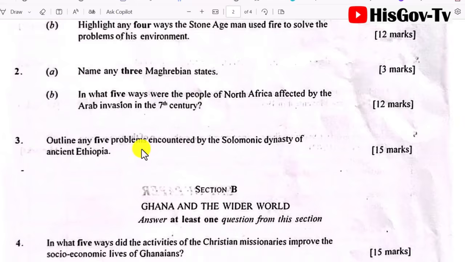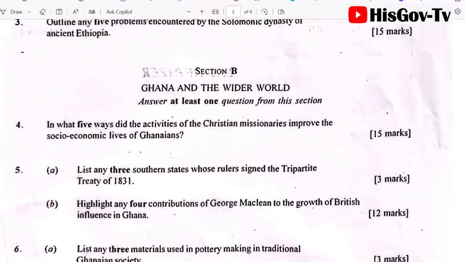This is 15 marks, so 3 times 5 is 15, 3 marks for each of your points. It is very important that you don't waste so much time. At least 5 lines for each of your explanations will be okay for you to get your 3 marks, provided your point is clearly stated.